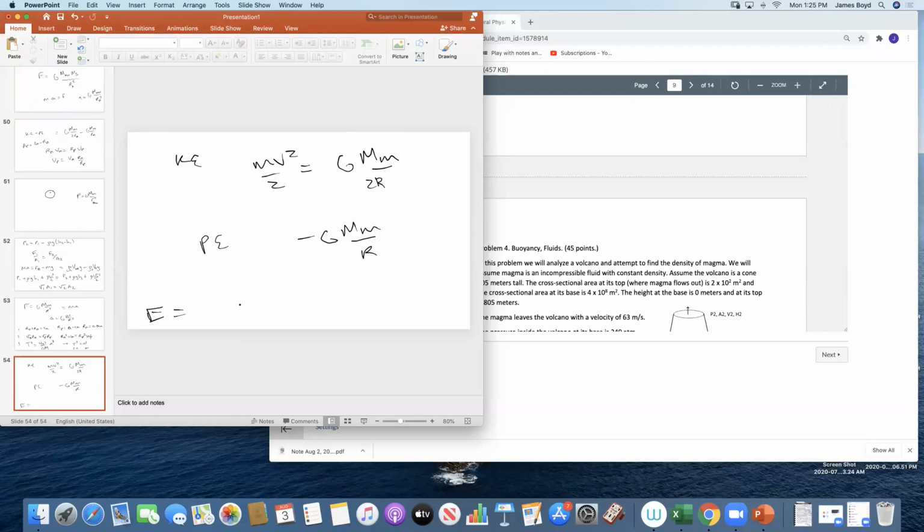If you put those together, you get GMm over 2r minus GMm over r, which is minus GMm over 2r. But don't forget this part and don't forget this whole part, okay? Although I really doubt I'll give you a question on it. Okay, so skip this stuff.